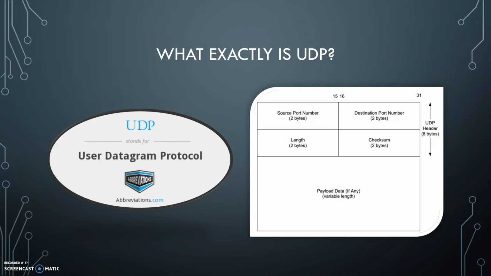The UDP header is fixed at 8 bytes versus TCP, which can be up to 60 bytes of data. UDP is a simple transmission model that does not require error checks against the data it sends.